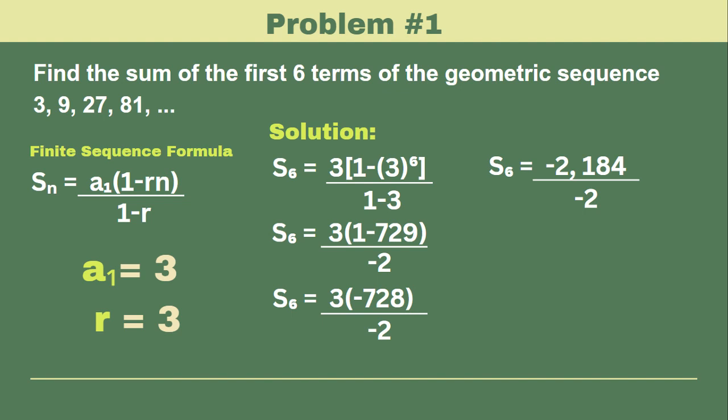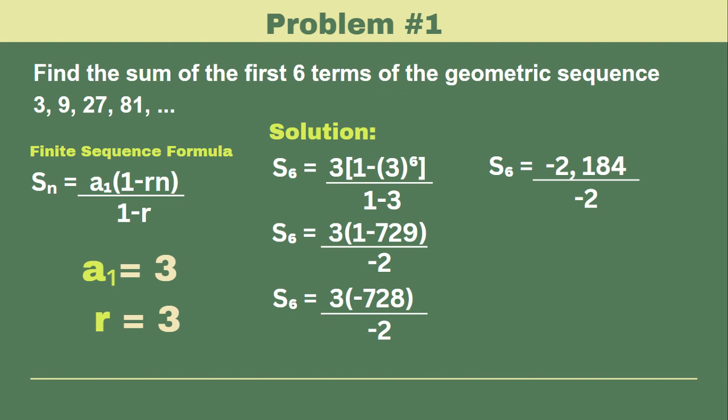3 to the power of 6 is 729. So, S sub 6 equals 3 times 1 minus 729 over negative 2. Next, 1 minus 729 is negative 728. So, 3 multiplied by negative 728 is negative 2,184.